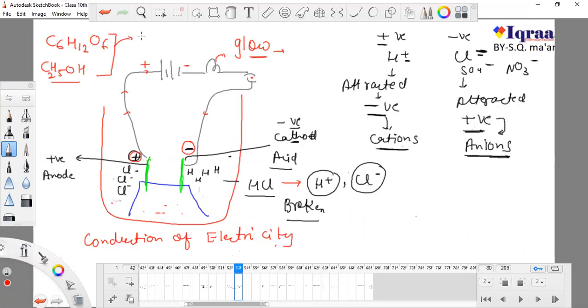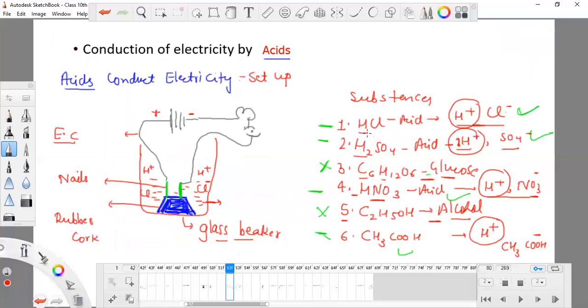Why so? Because although they have H, like acids have H, they also have H.